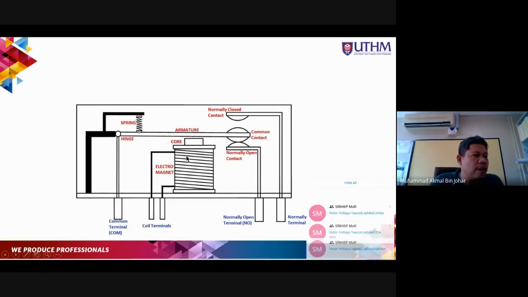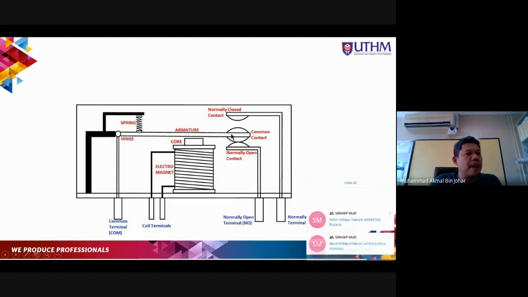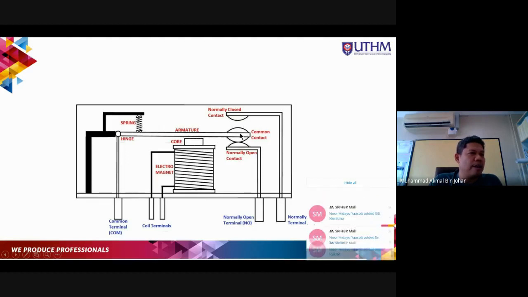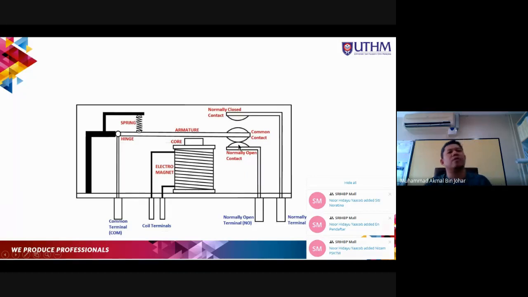This electromagnetic field, produced inside the core, gives a very strong attraction to the armature arm here. As you can see, when the armature arm is attracted, the switch goes from open to closed contact.